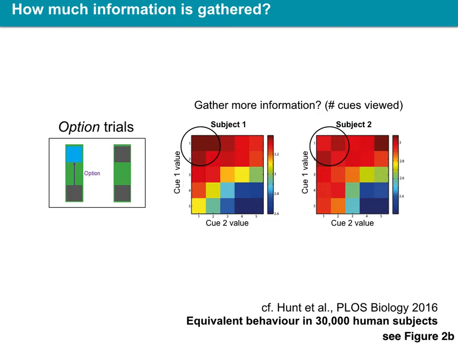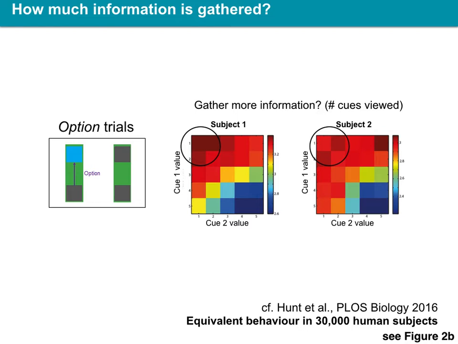But the surprise happens up here in the top left corner. And that's where Q1 and Q2 both have the lowest value. So here, again, the subject has seen enough information to tell him which option he should choose, because he's seen that this option contains the worst possible probability and the worst magnitude.